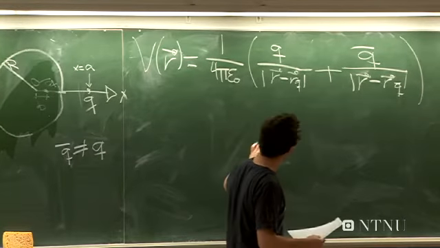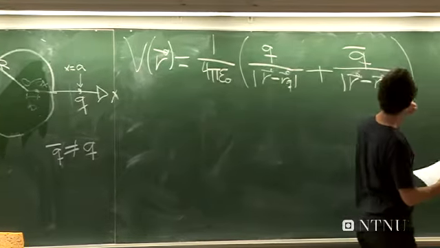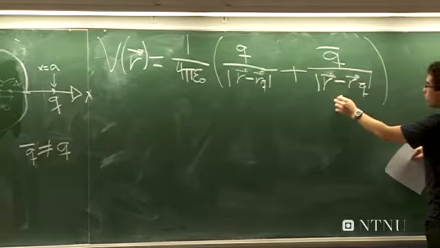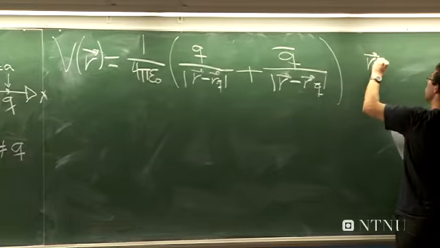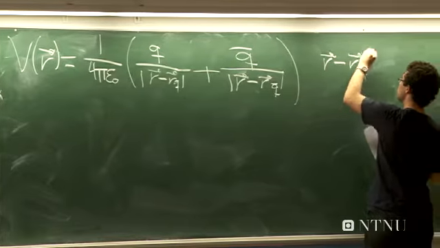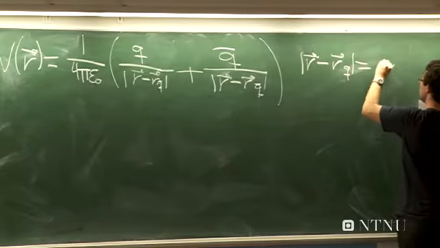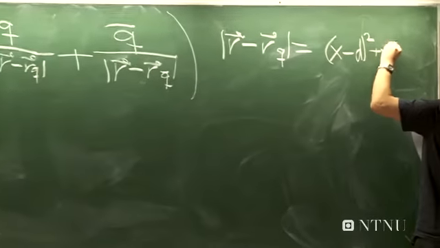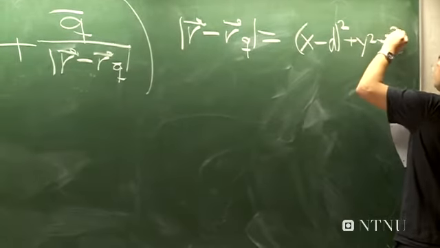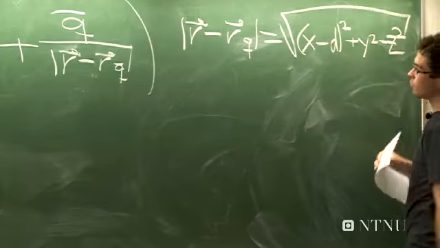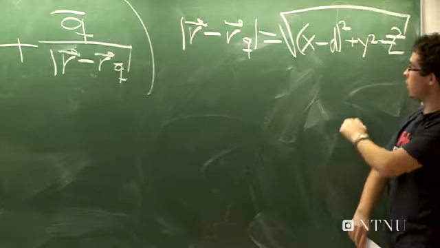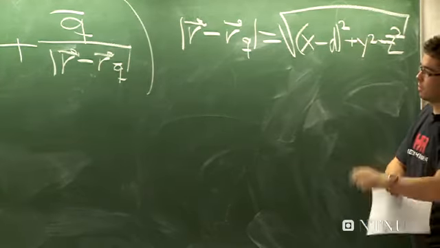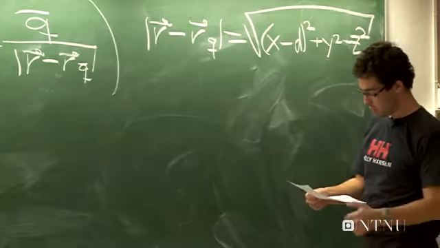So now, of course, these factors here look like this. And now if I can take away the y and the z, then the whole problem is much easier.